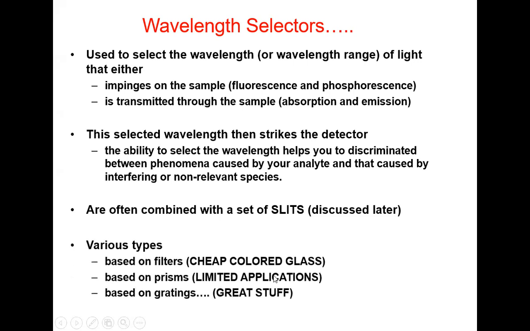There are various types of wavelength selectors. Those based on filters are very cheap; you can buy them and throw them away. Cheap colored glass. Those based on prisms currently have limited applications, although previously people used a lot of prisms early on. Others are based on gratings. What does that mean?